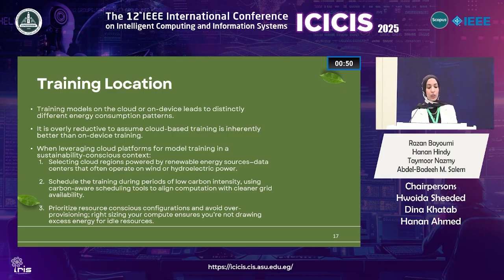The last thing, we need to prioritize the resource configuration, and build our cloud specific to the need, not much bigger, so that we don't have idle resources while we have already paid for them.